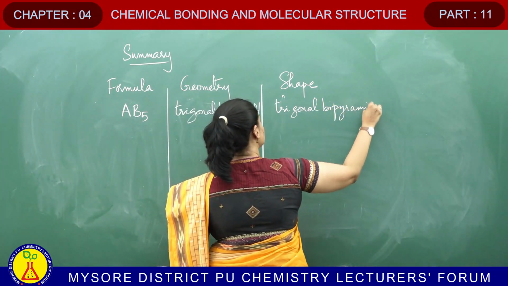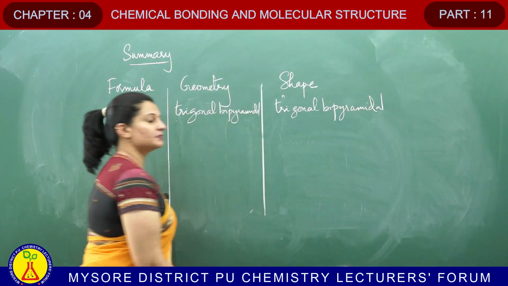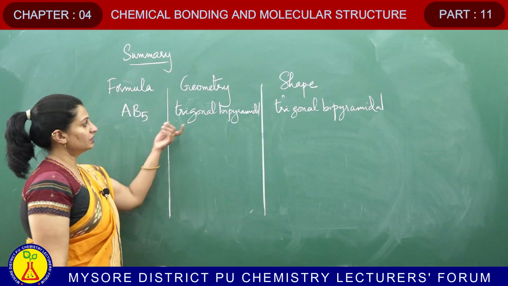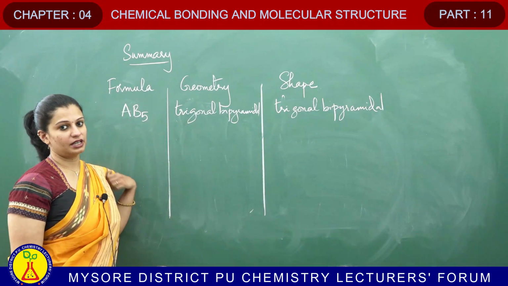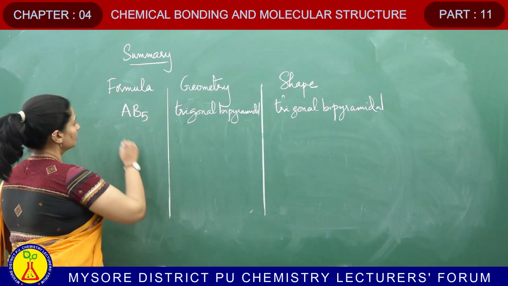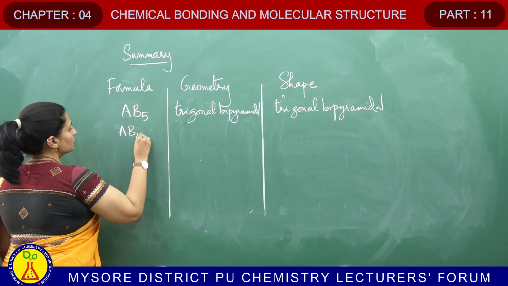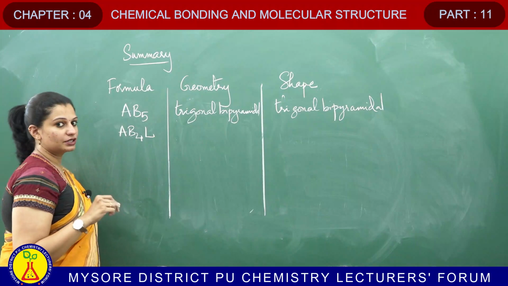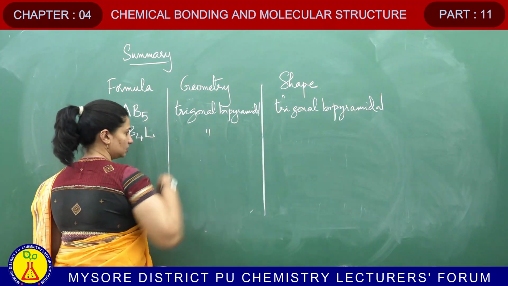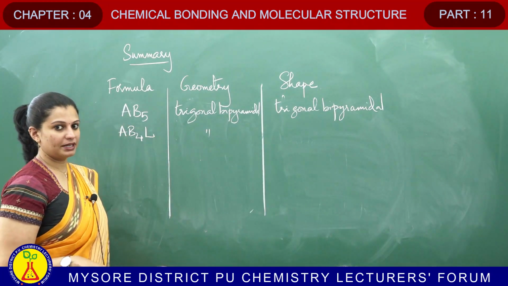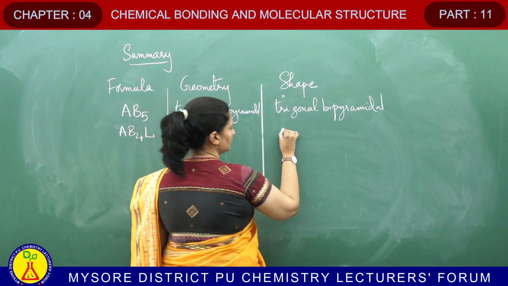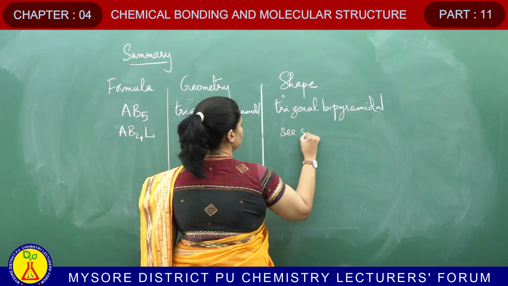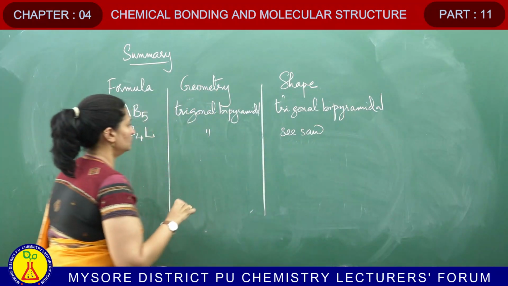So you are having AB5 with the geometry as well as the shape being trigonal bipyramidal. Now, if you introduce a lone pair, the shape changes, but the geometry remains the same. Now, what happened to the shape? The shape is now seesaw.